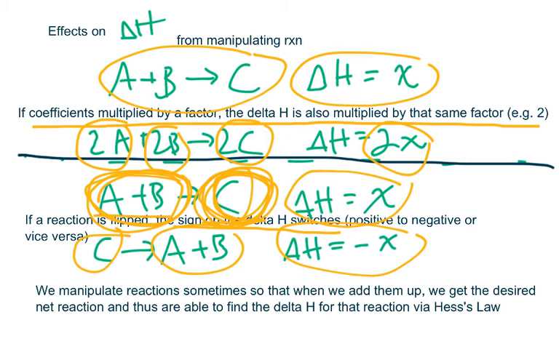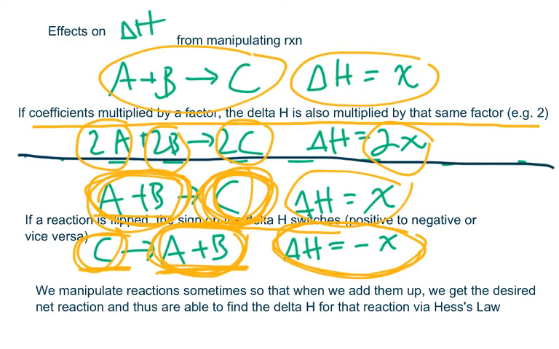Now, if we switch that up, then we could also say that A plus B has an enthalpy that is X joules less than C. So since this side is less than this side, then this will be X joules less than this side, so therefore the change in enthalpy will be minus X. So hopefully that explanation was not very confusing.